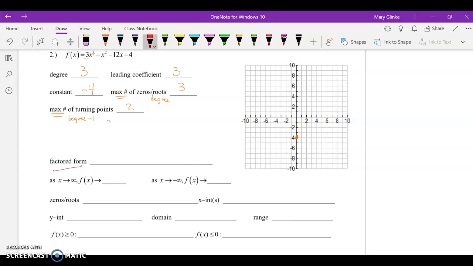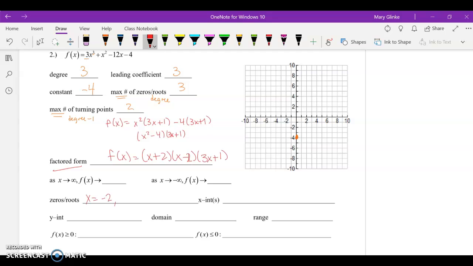We can go ahead and factor this without using our calculators. We are going to use factoring by grouping. So we're going to get 3x plus 1 in both of our groups. And when we get x squared minus 4, we're going to factor that further. So my final factored form is (x plus 2)(x minus 2)(3x plus 1).